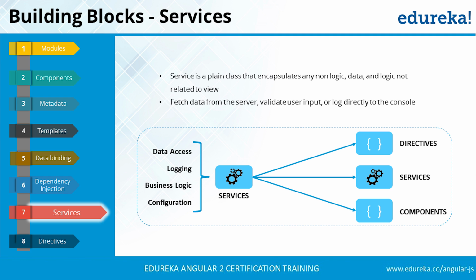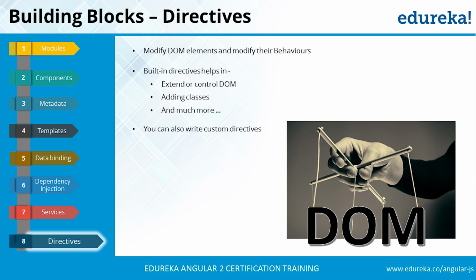The dependency injection process will resolve the dependency or create it and push it into the component class. The data access feature, logging feature, business logic feature, and configuration features are something that can be put in services. And you will be able to fetch data from the server also because you have that particular configuration and business logic there.